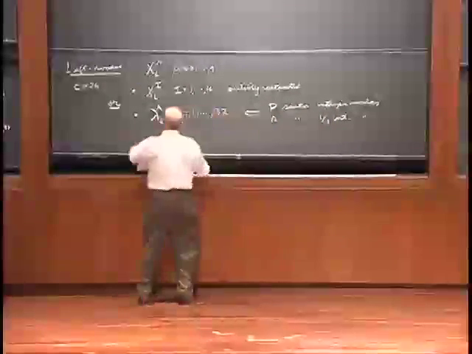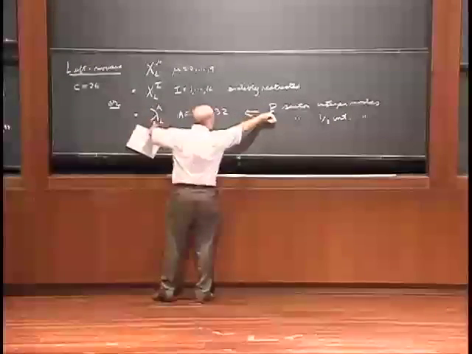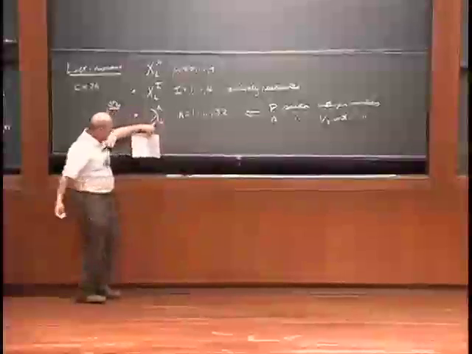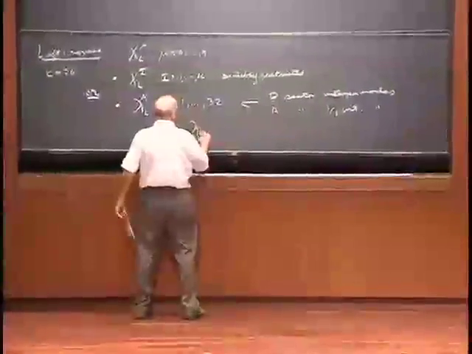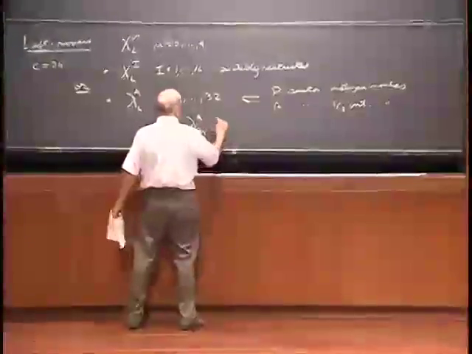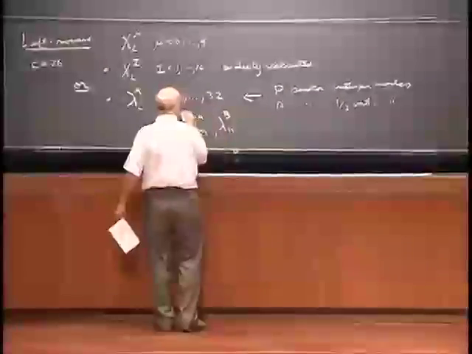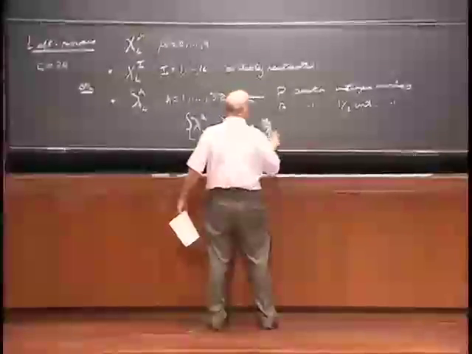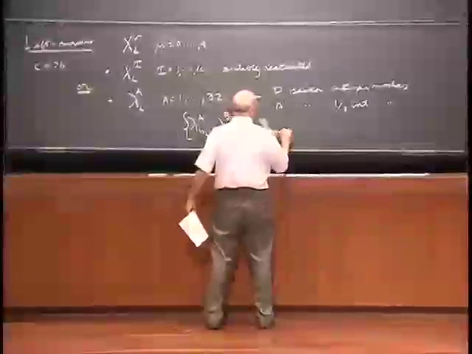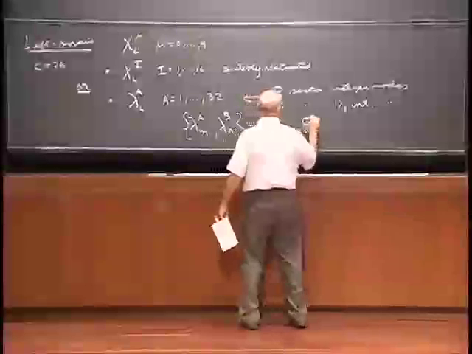And when you have periodic boundary conditions, then these things have integer Fourier modes. And there are some obvious anti-commutation relations, the usual story, that look like this.